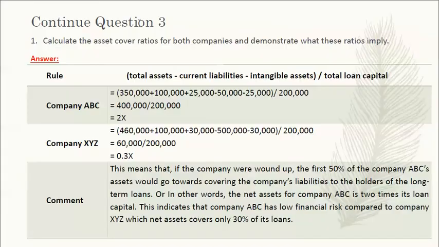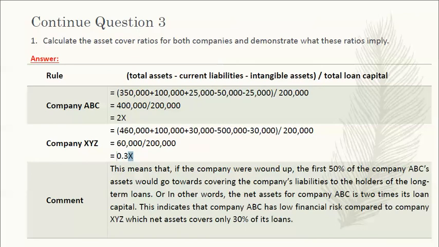Then we get that the asset cover ratio for company XYZ equals 60,000 divided by 200,000, which is equal to 0.3x.